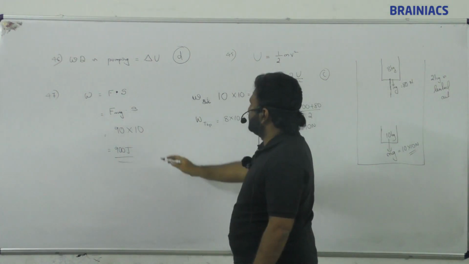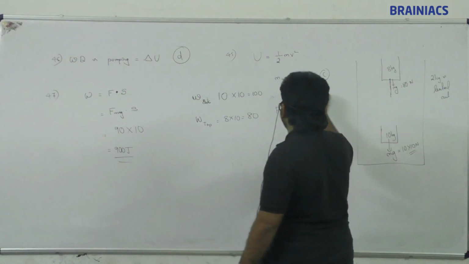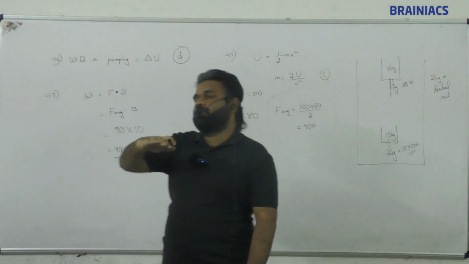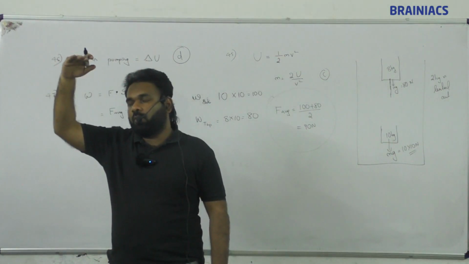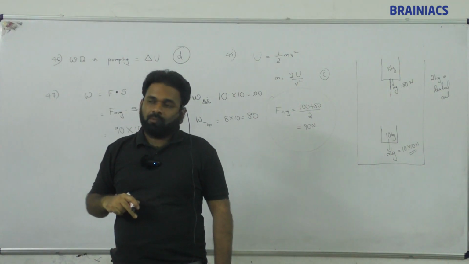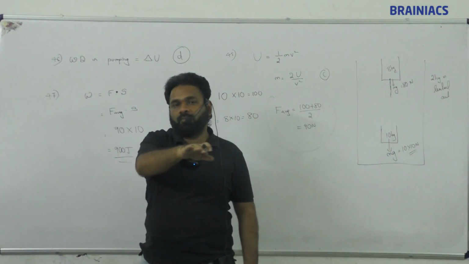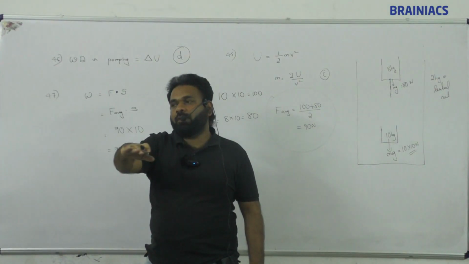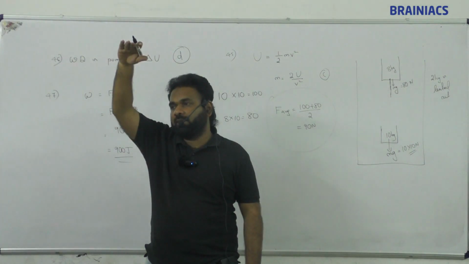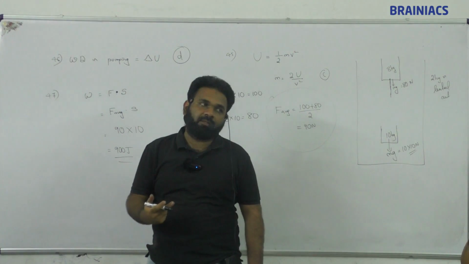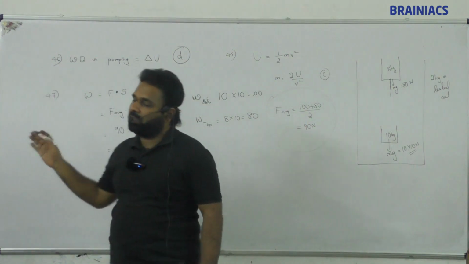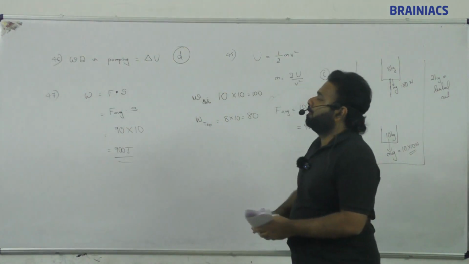If we know the beginning force and the end force, we can always take the average, F1 plus F2 by 2. Just like the same case, at the bottom the pressure is something, at the top the pressure is another. For the side wall, how did we take the force? Average force only, same way. If you know the beginning and end, we can take the average like this. Clear?